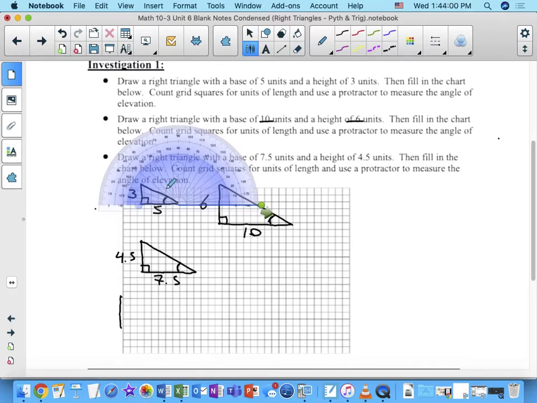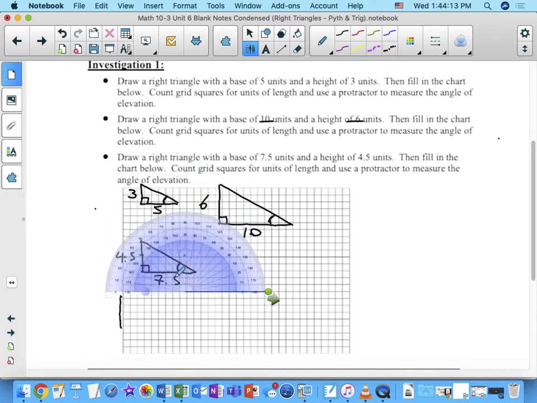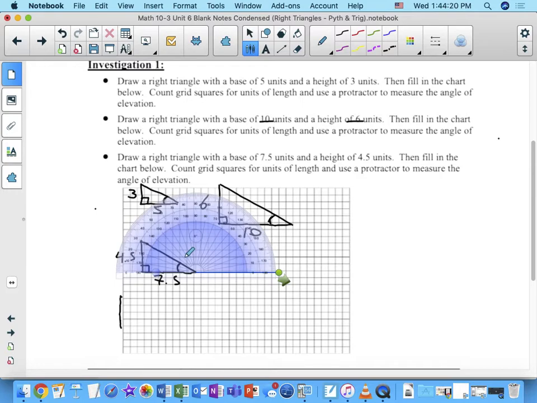What does that one look like? 30. Yeah. What does this one look like? Roughly 30 degrees. So they're all the same.